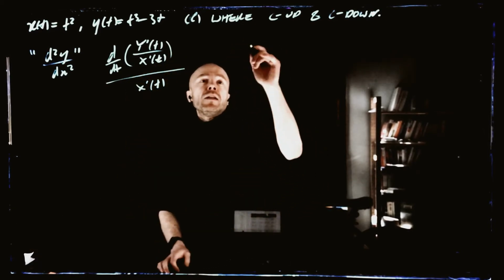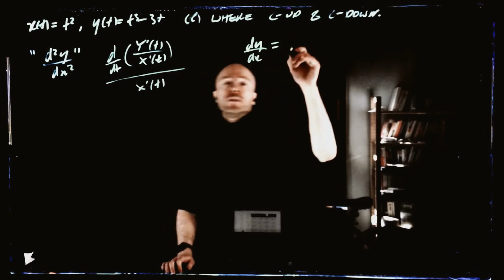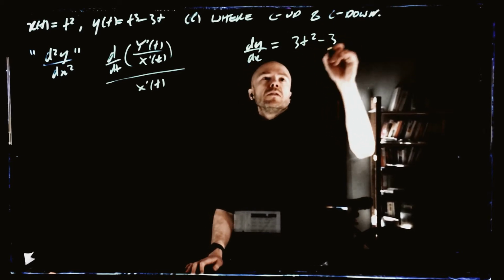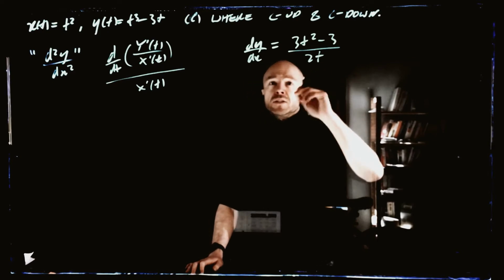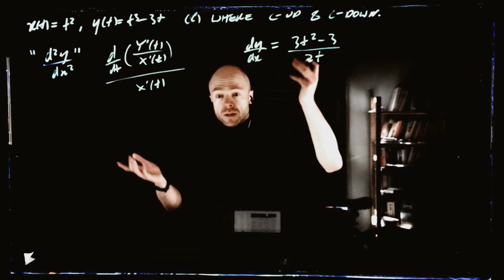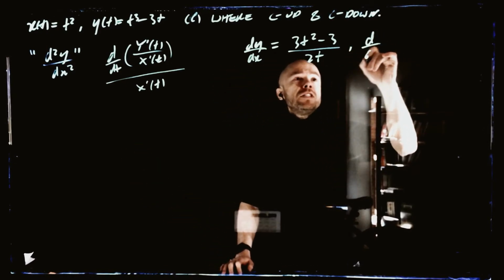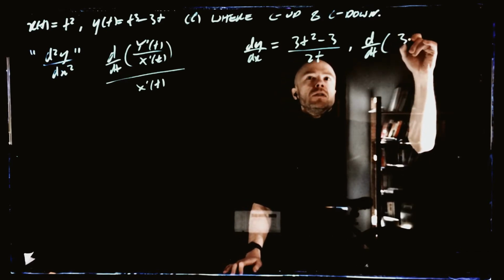So we've already calculated that dy by dx was what happened when we have 3 of t squared minus 3 like this over 2t, right? So this is an expression in t that we actually have the right to differentiate with respect to t. This makes sense. It's a consistent thing to do, right? So we can differentiate this thing with respect to t. So what is this thing?